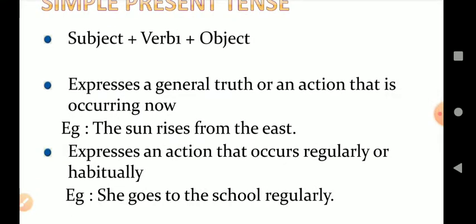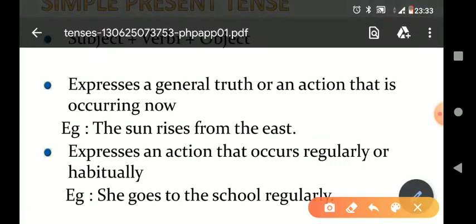It expresses a general truth or an action that is occurring now. Like, the sun rises from the east. Here the subject is the sun, rises is v1, and the object is from the east. It is totally clear here.